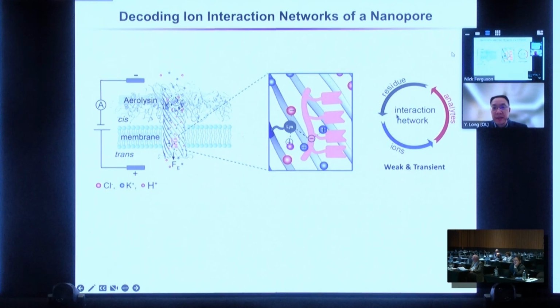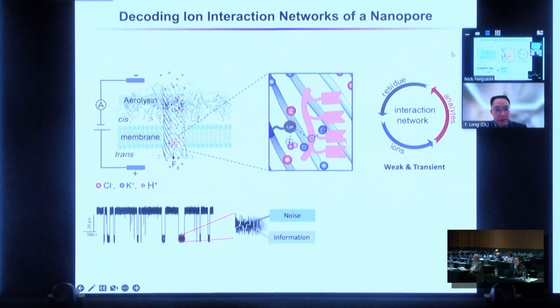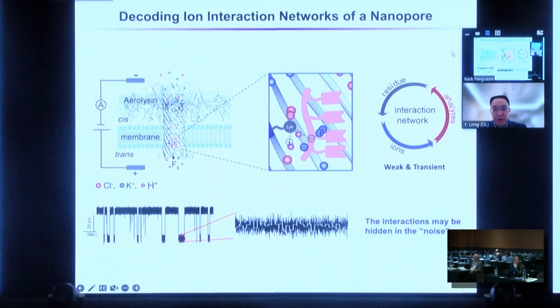So we think an interaction network will be inside this channel. All this information can be determined by current. The current looks like noise, but information is hiding in this noise, so we can use software to reveal these interactions.